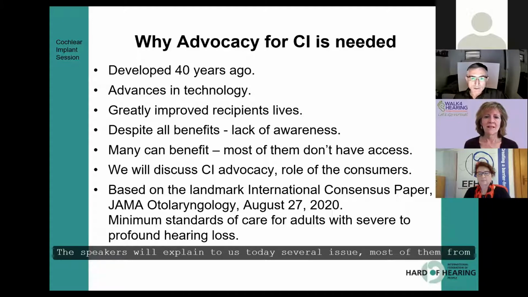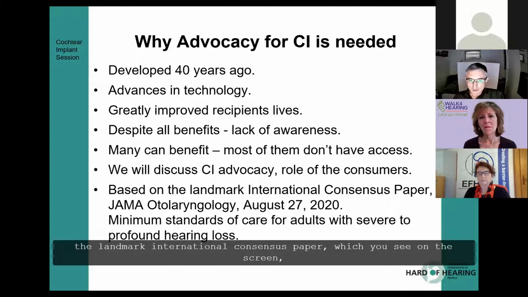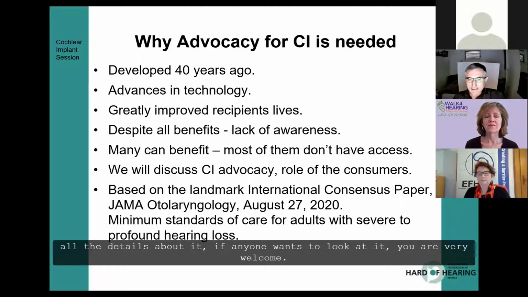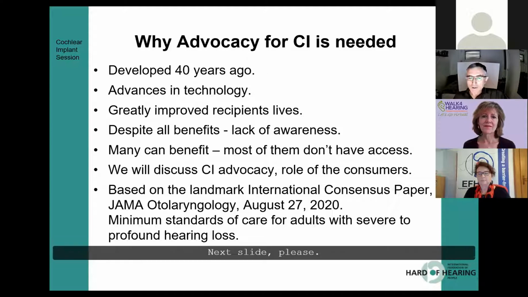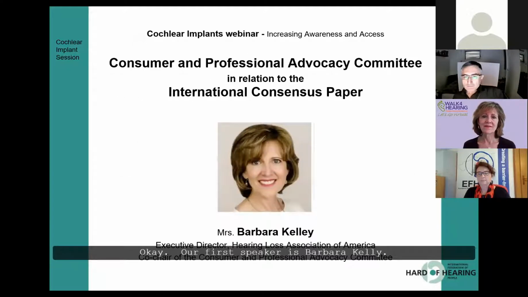The speakers will explain several issues, most of them from the landmark international consensus paper, with all the details on the screen. If anyone wants to look at it, you are very welcome.